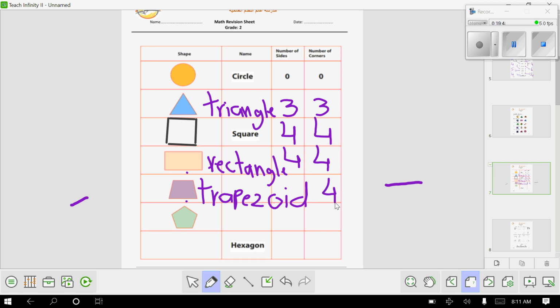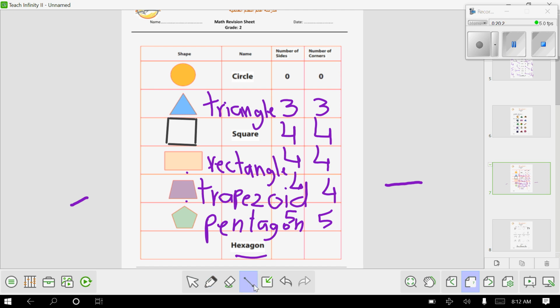And how many sides? 4. What do you call this shape? Yes, 5 sides. It's a pentagon. How many sides? 5. How many corners? 5. Last one, hexagon. Do you remember how many sides for the hexagon?